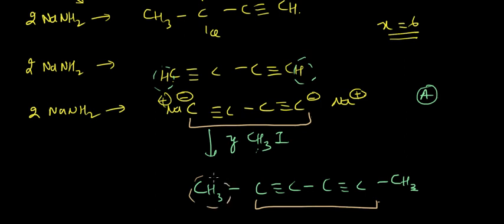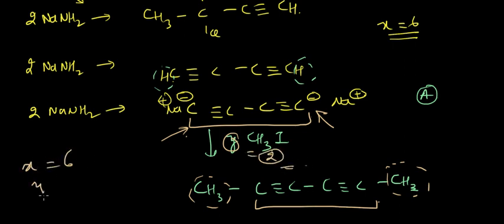So 2 CH3 are introduced at 2 positions of C minus. So Y value would be 2. So the answer is X is 6, Y is 2.